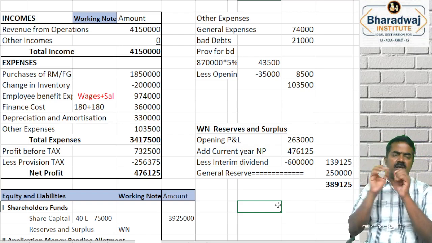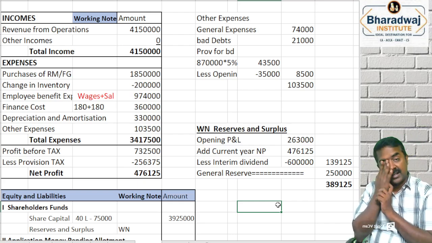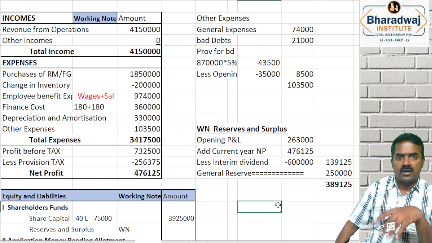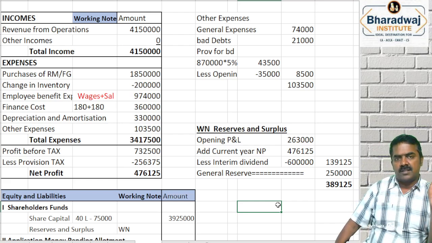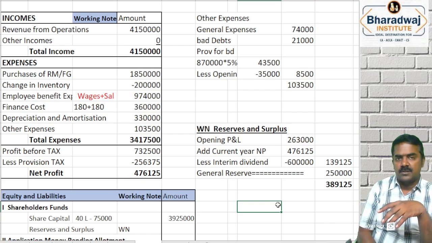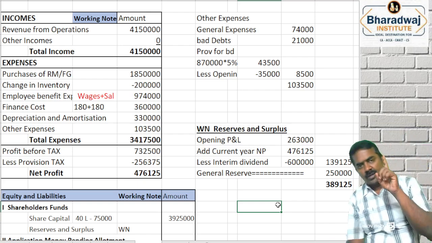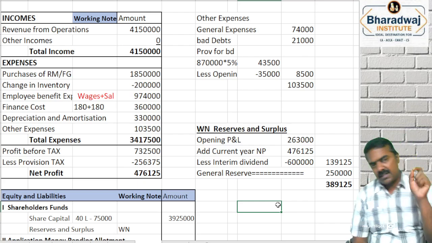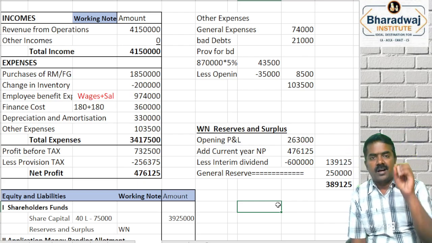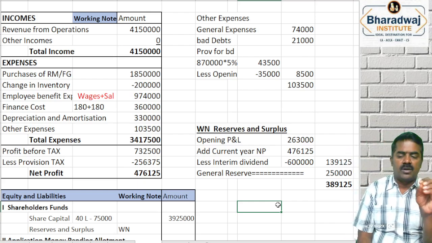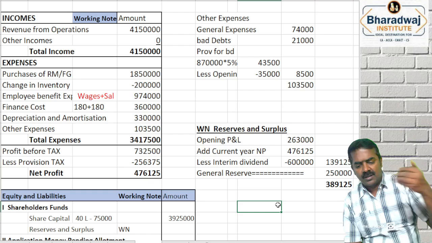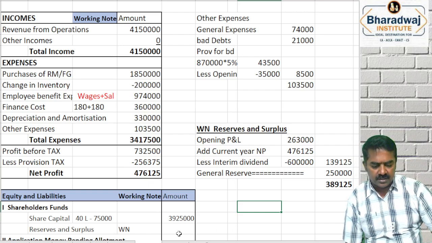Suppose they give you preliminary expenses of 10 lakhs and ask you to write off only 1/5 or 1/4, write off that amount in P&L account, and the remaining will be adjusted in reserves and surplus.